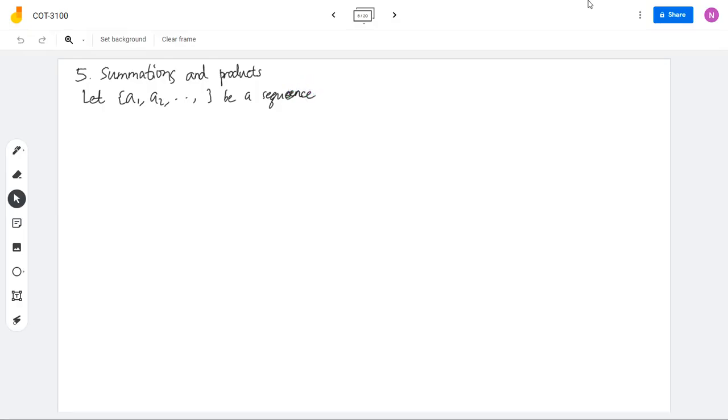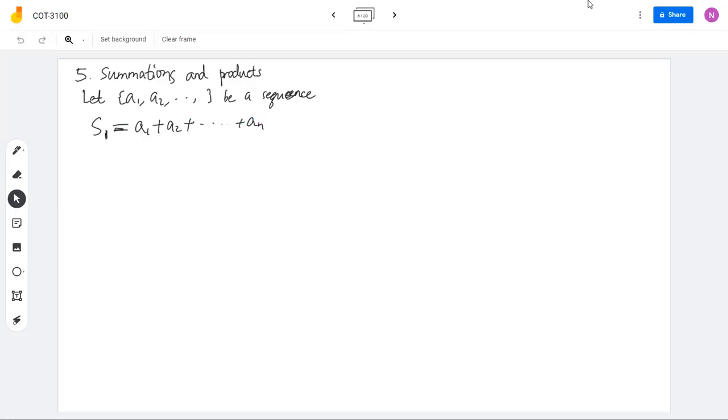Suppose we want to compute the sum of some of the terms. For example, suppose I want to compute A1 plus A2 plus A3 and so on, all the way to AN.